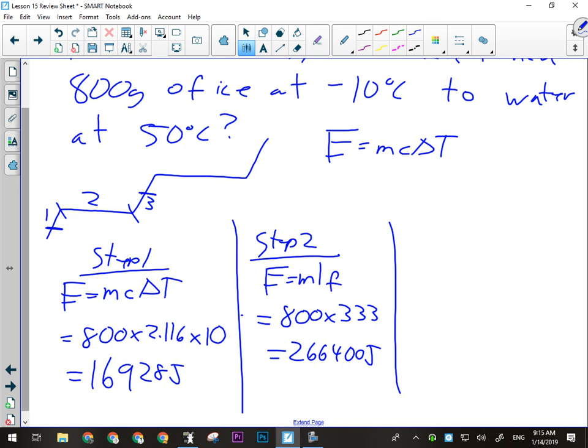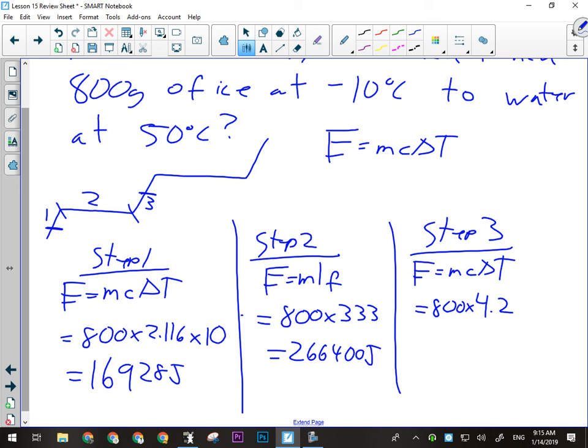Once I've melted all the ice, now I have liquid water at 0 degrees Celsius. I'm going to warm it up to 50 now. So now I'm changing temperature again, so I'm going back to this formula here for step 3. That'll be 800, and now it's water, so I use the specific heat capacity of water.